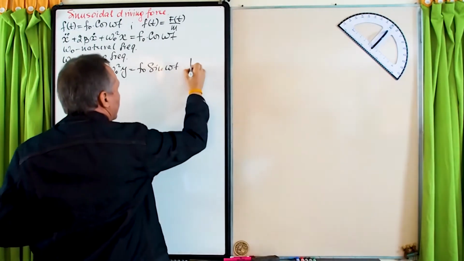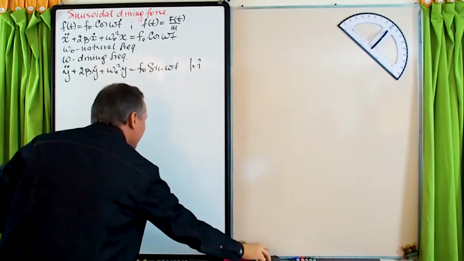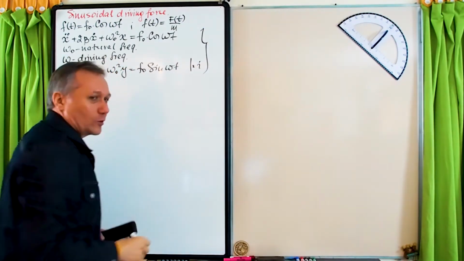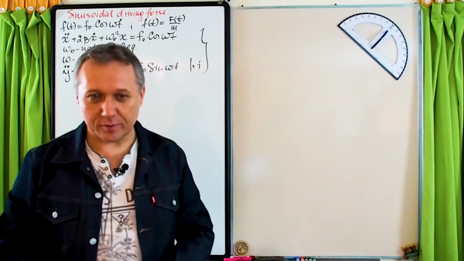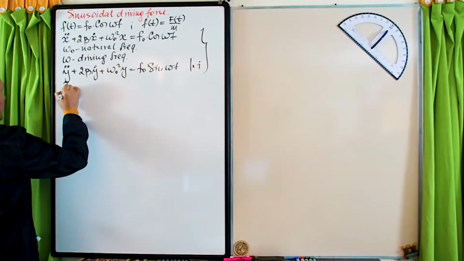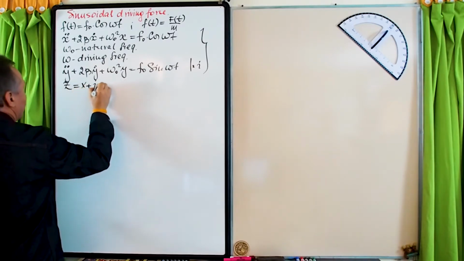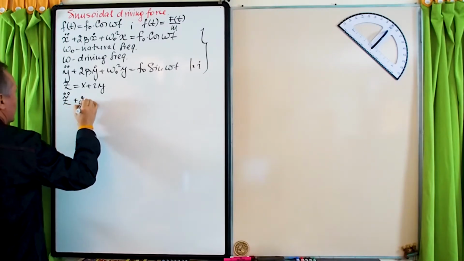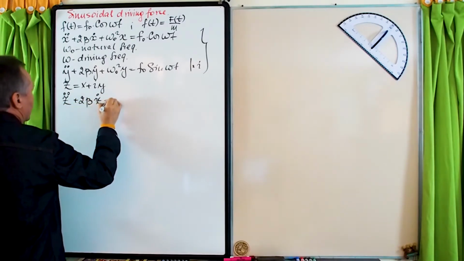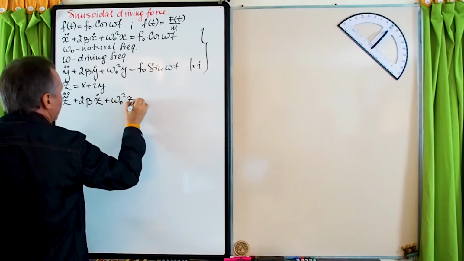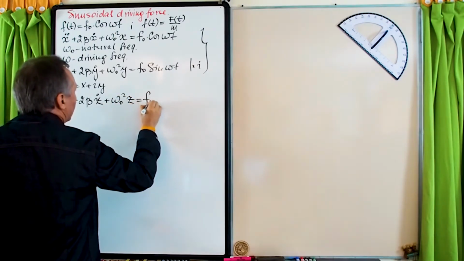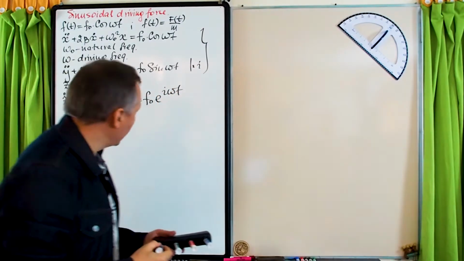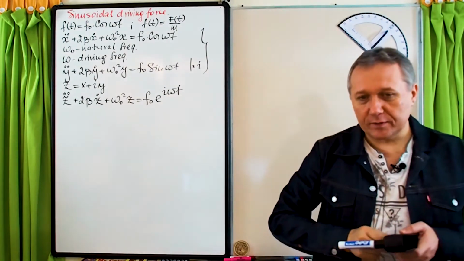Then we can multiply this equation by i and add these two equations in order to move to the complex world. As a result, z equals x plus i y, and the equation will look like z double dot plus 2 beta z dot plus omega naught squared z equals F naught e to the power of i omega t. That's where we finished in the previous class.